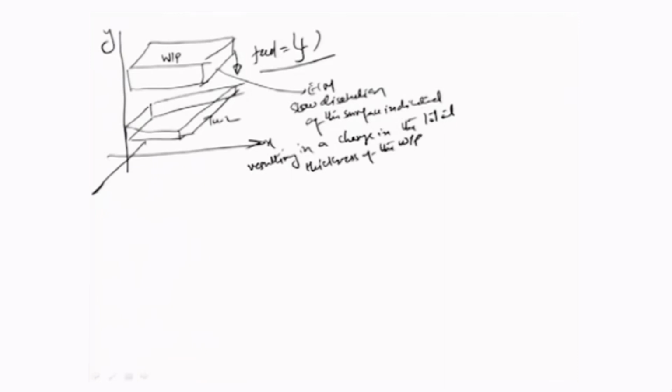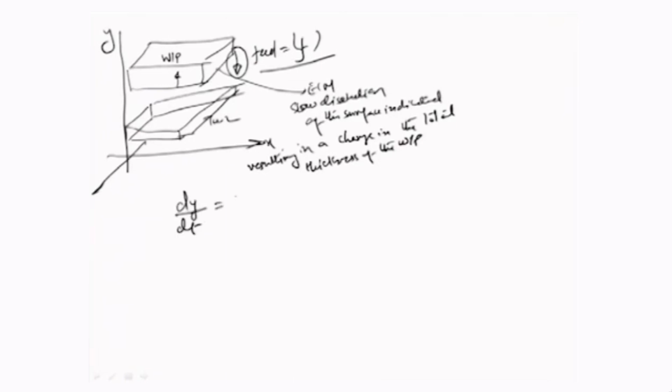So that would amount to a feed happening in the negative y direction, as indicated by this arrow here, and then there is an upward movement of the surface because of the dissolution or change in thickness of the workpiece, which is happening in exactly the opposite direction.